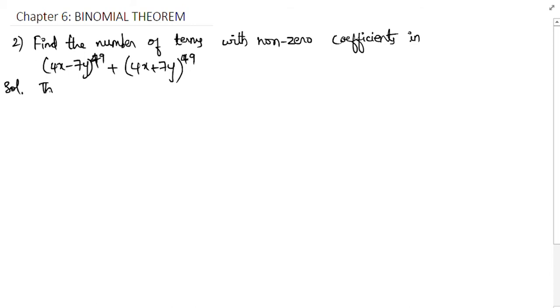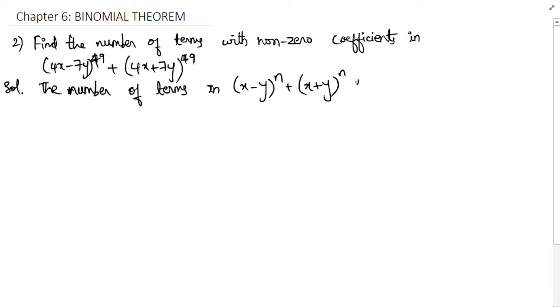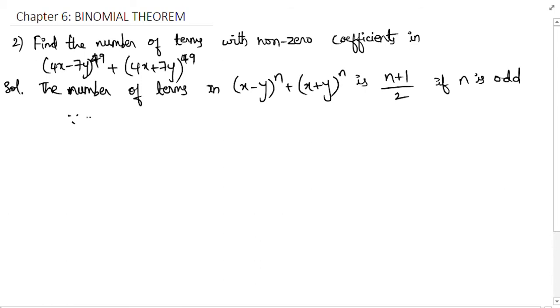Here the number of terms in (x - y) whole power n + (x + y) whole power n is (n + 1) by 2, if n is odd.